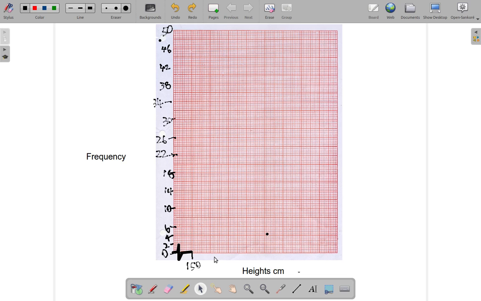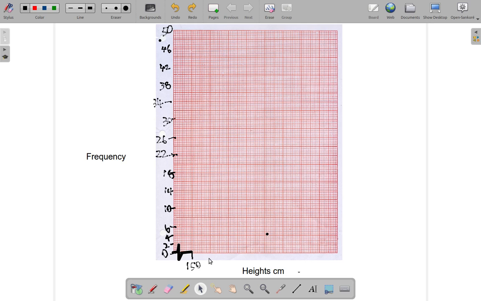Earlier I divided the value by the number of centimeters, but let's do it in a different way now. Suppose we had 1 centimeter equal 2 units. What would happen? 50, 52, 54, 56, 58, 60, 62, 64, 66, 68, 70, 72, 74. Yeah, that would work. That would be a good scale.